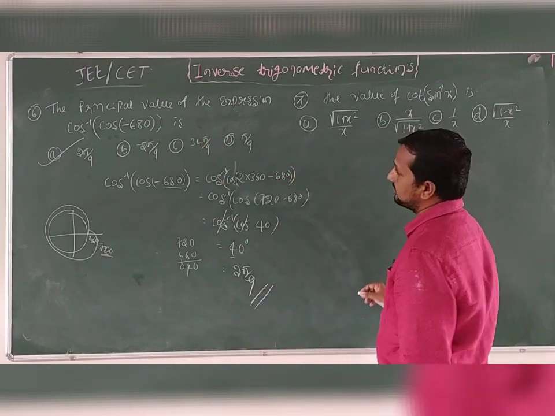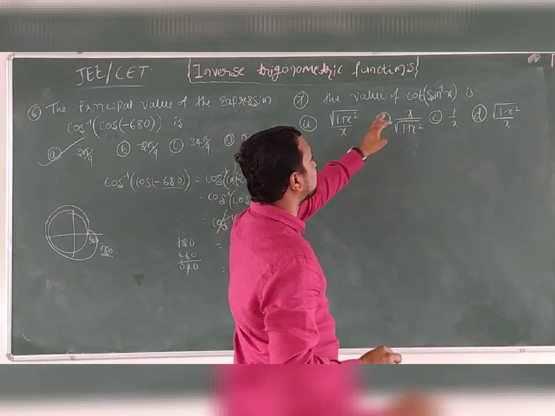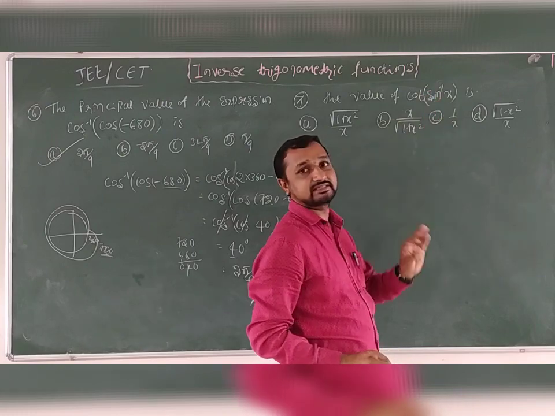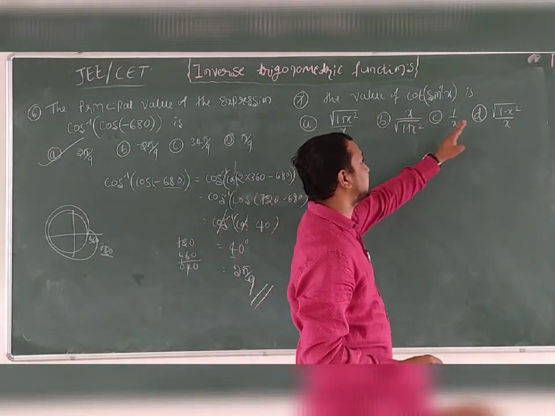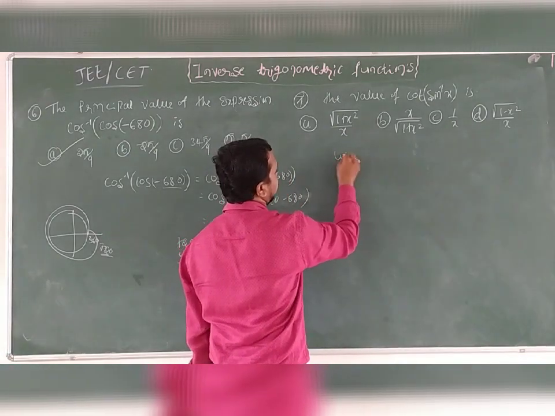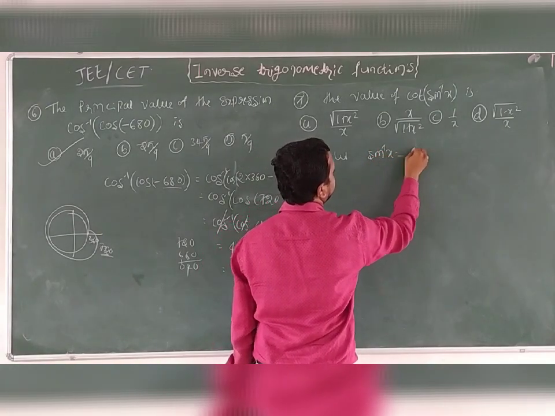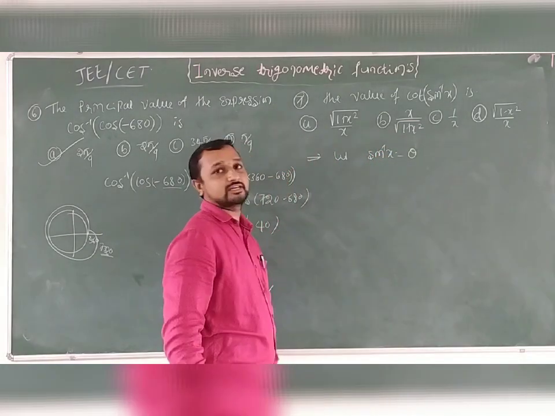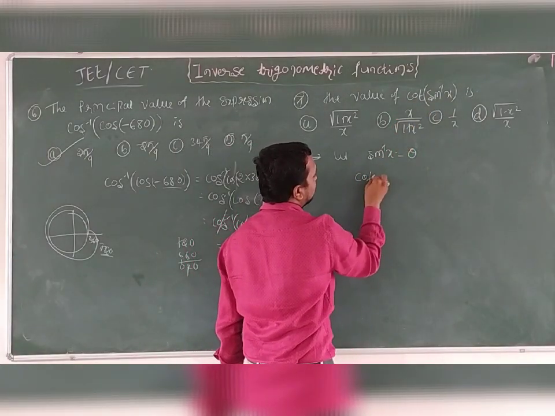So next is the question: the value of cot of sin inverse of x. The options A, B, C, D are there. This is a direct question. So let us consider sin inverse of x equal to theta, and this expression should be cot of theta.